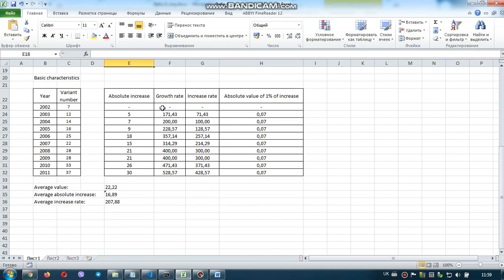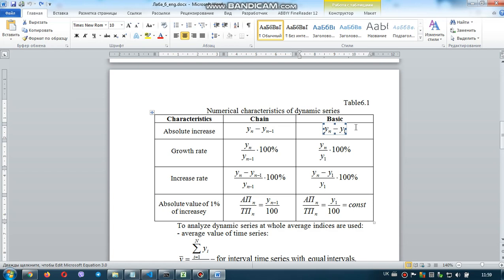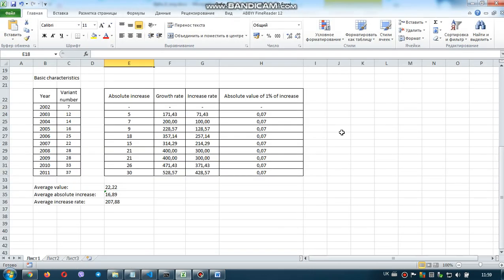Now we have to determine the basic characteristics. The formulas for basic characteristics look like the formulas for chain characteristics, but we consider not the previous value, but the first value. How does it look like?